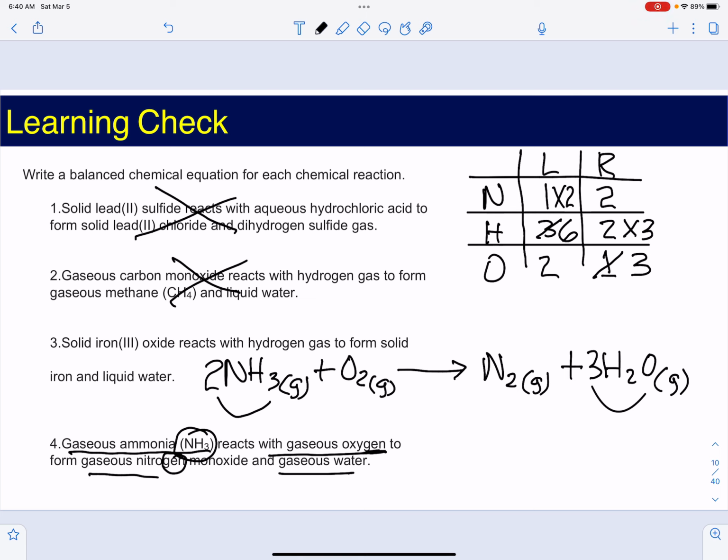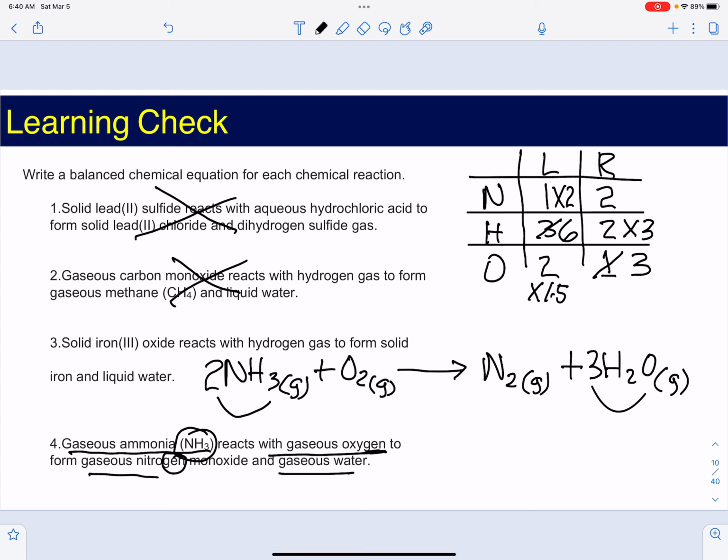And at this point, it can get complicated. The nitrogen is balanced, the hydrogen is balanced. So how do we balance a 2 and a 3? The easiest way to do this is by using decimals. There are other ways of doing it, but I'm gonna go straight to the easiest one. We're gonna take 2 and multiply it by 1.5.